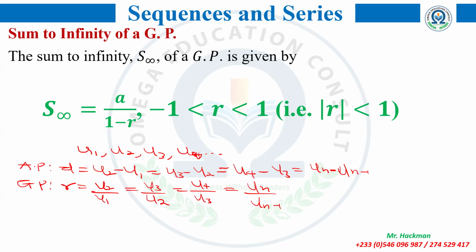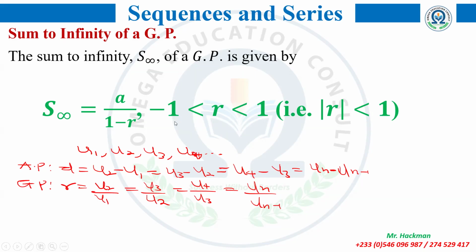So for the sum to infinity to be possible, this condition is very vital. Your common ratio must be between -1 and 1, -1 exclusive, +1 exclusive. Take note. If your R is outside the range given here, then it means your sum to infinity will not be possible.